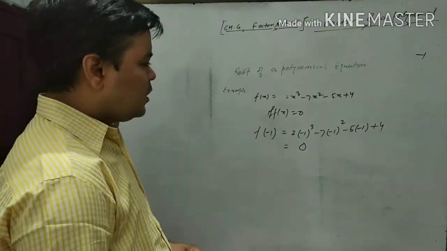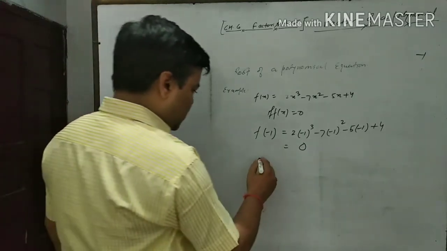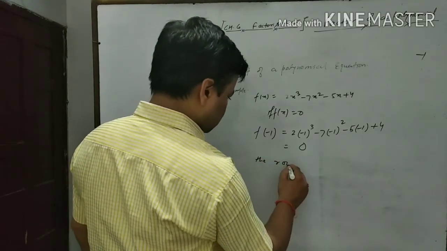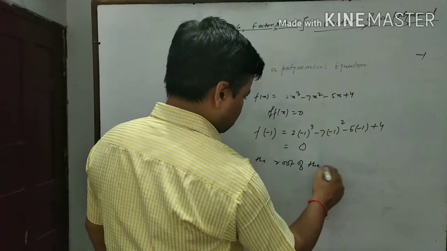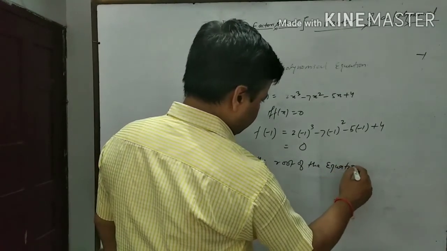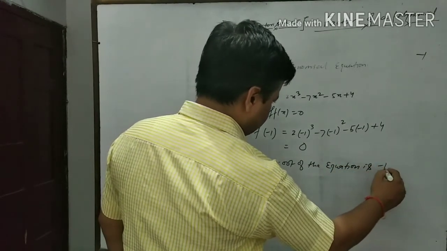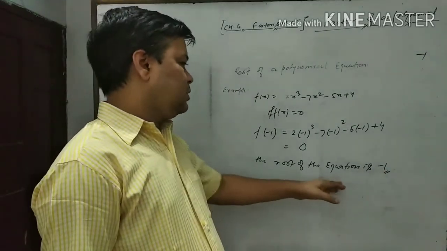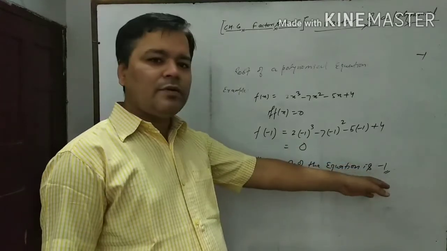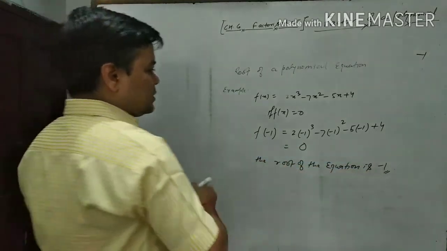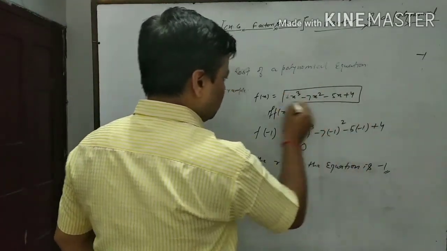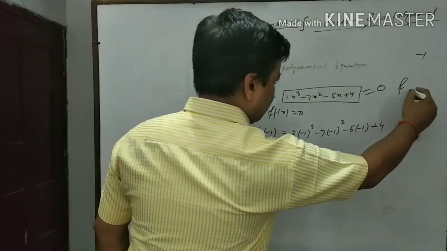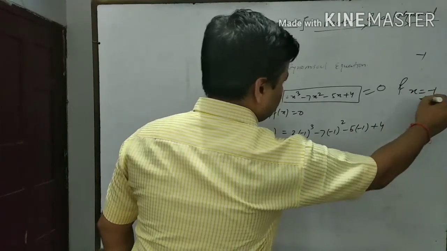In this case, we can say that the root of the equation is minus 1. Or we can say the solution of the given polynomial equation is minus 1. It means this value will be equal to 0 if x is equal to minus 1.